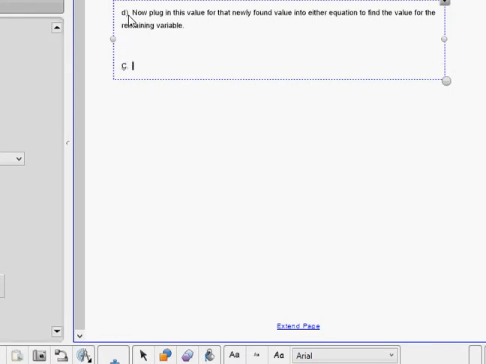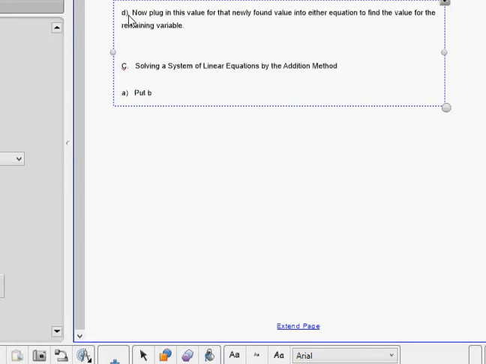The third method is solving a system of linear equations by the addition method.